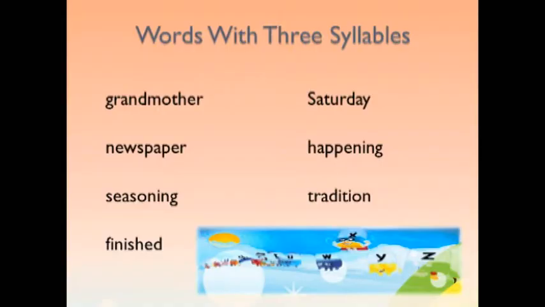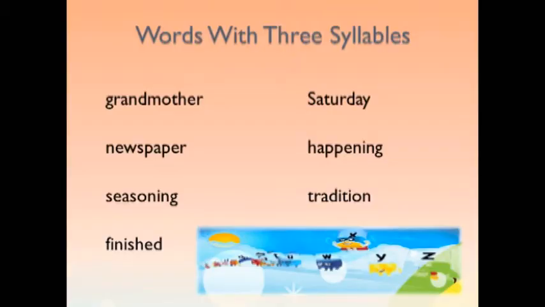For example, the word Saturday has 3 syllables. Sa, tur, day. Sa has 2 phonemes. Tur has 2 phonemes. And day also has 2 phonemes. When added, we have 6 phonemes.